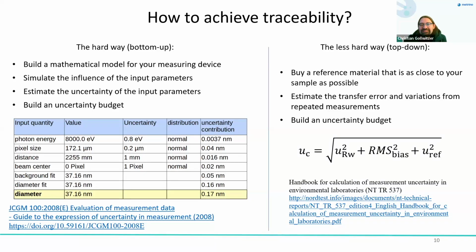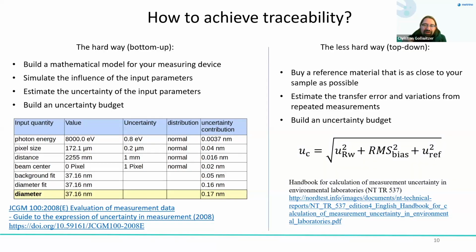But there is an easier way that is used by most analytical labs. If you can find a reference material that was somehow measured by an NMI, that is very similar to your sample. That is the key here. You need some reference material that is as close to your sample as possible.